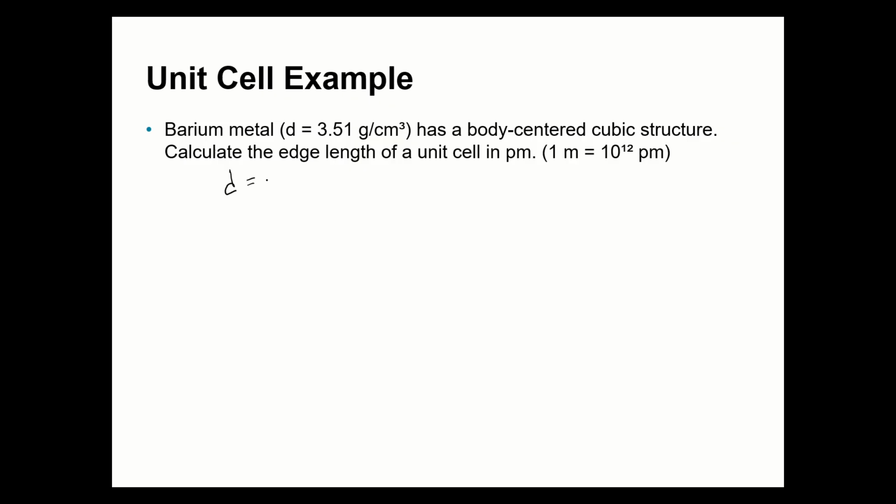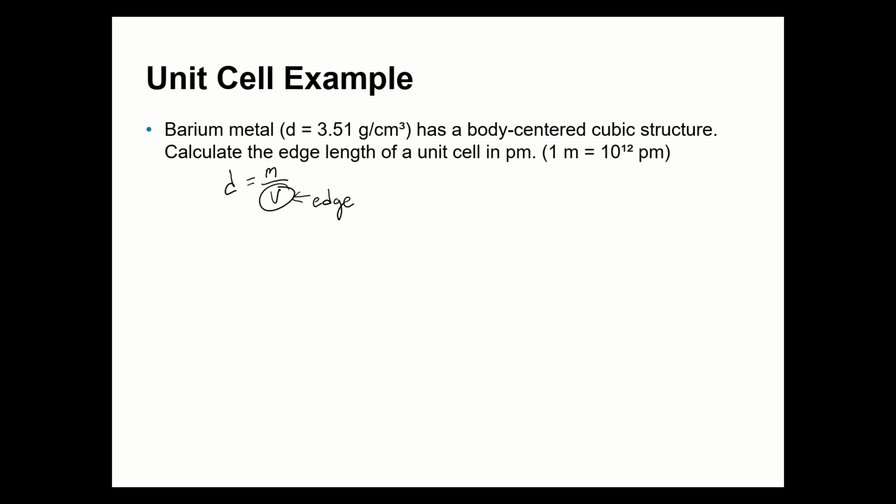Density is equal to mass over the volume. And we're asked to calculate the edge length. So remember that the volume is the one that has to do with the edge length. So we're somehow going to have to use our density and find the mass in order to calculate that volume and then backtrack to the edge length.